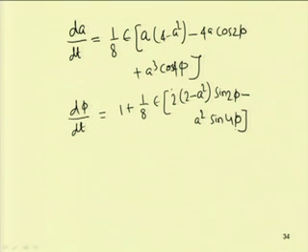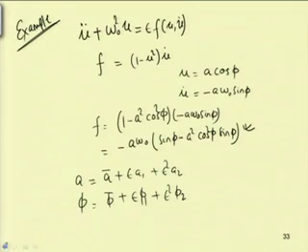So, collecting the order of epsilon, one can write this equation now. We have to write a equal to a bar plus epsilon a 1 plus epsilon square a 2.